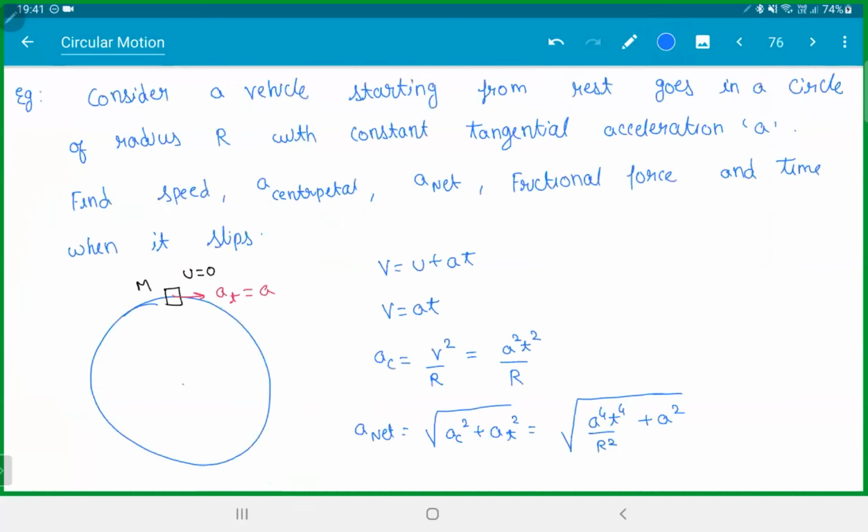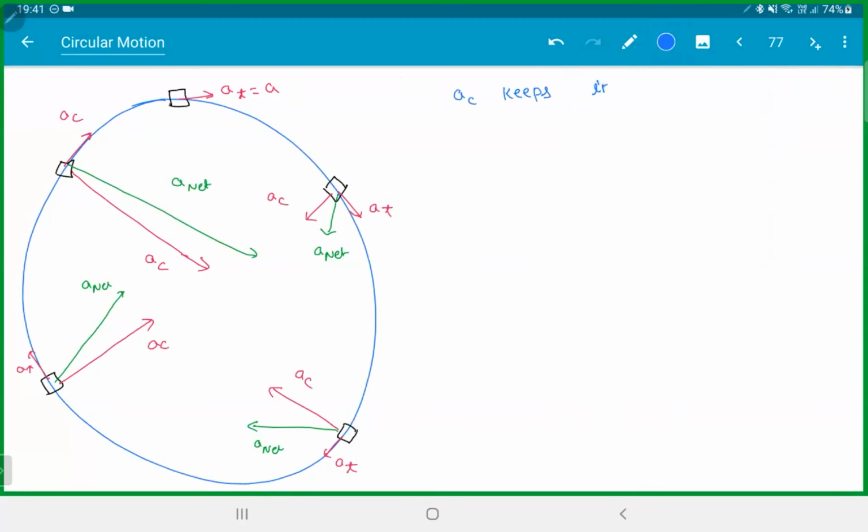Because what is a centripetal? V square by r, and v is increasing with time. Therefore, a net will increase.